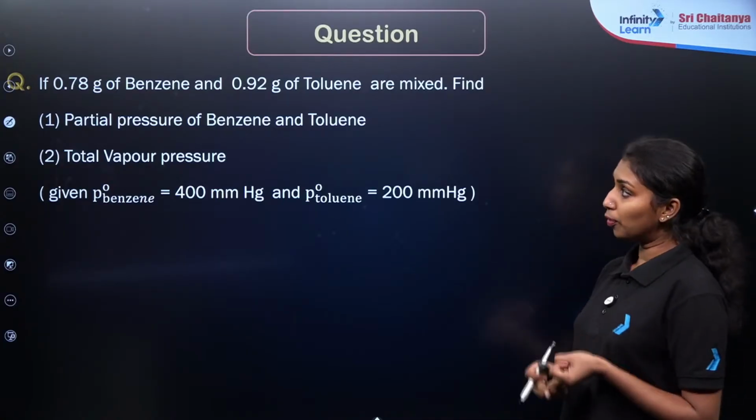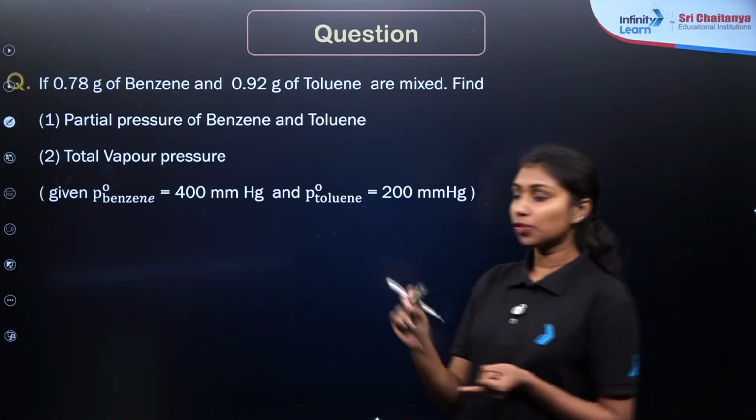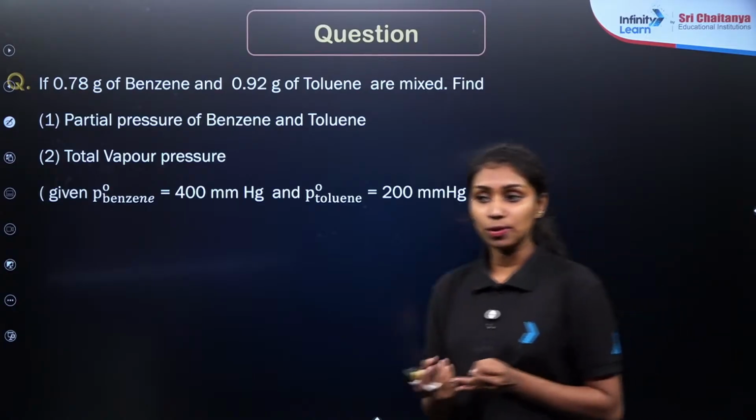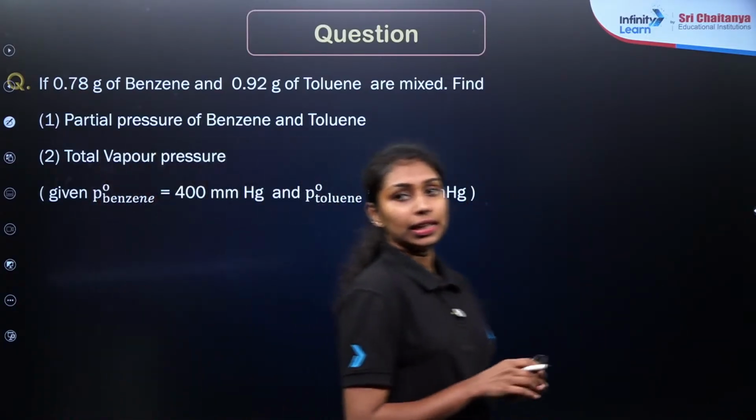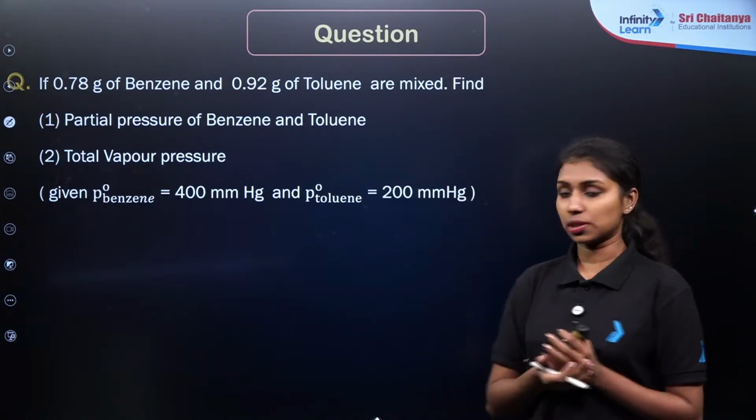The first step we have to follow is to find the mole fraction of each component. Then apply it in Raoult's law. You will get the partial pressures of benzene and toluene here. Then just add the partial pressures. You will get the total pressure.